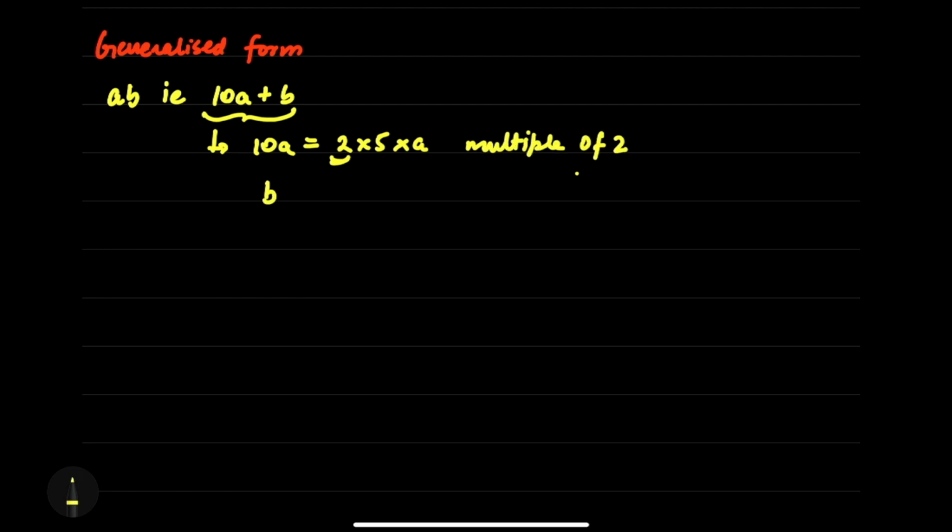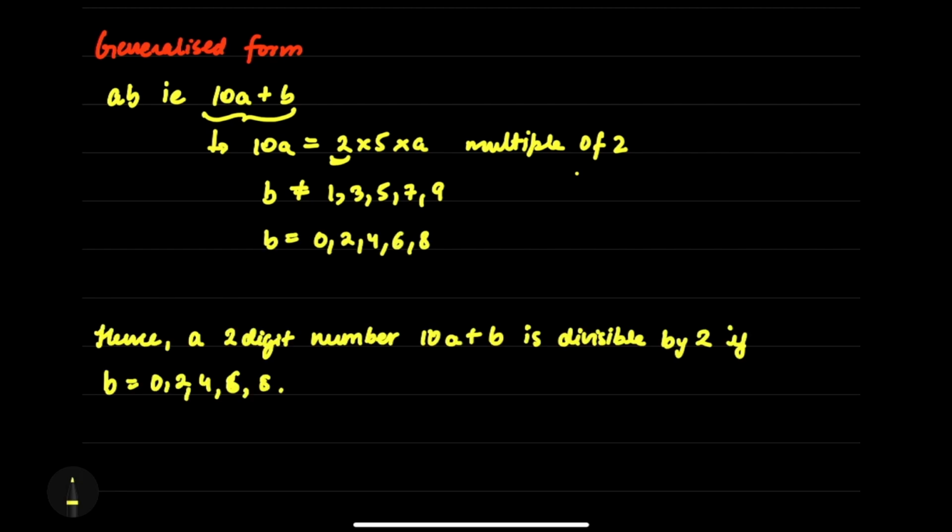Let's look at B. B can't be 1, 3, 5, 7 or 9 if it needs to be a multiple of 2, and therefore it can only be 0, 2, 4, 6 and 8. So the generalized version is: if the 2-digit number 10A plus B is divisible by 2, it will only happen if B is equal to 0, 2, 4, 6 or 8.